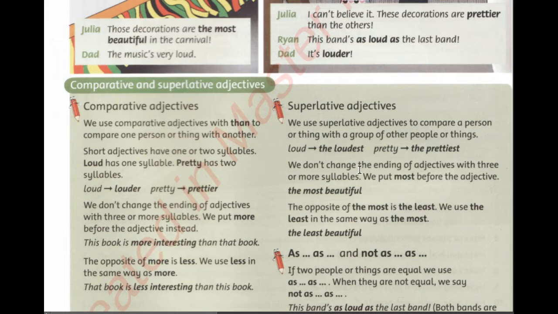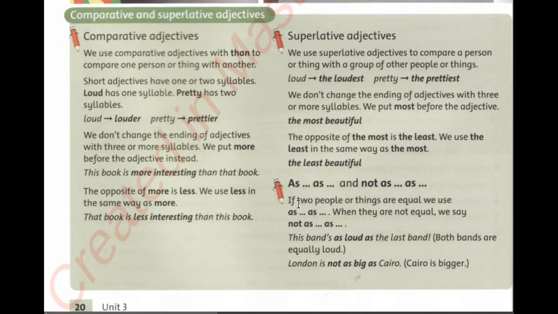We don't change the ending of adjectives with three or more syllables. We put most before the adjective. Same as the example here, the most beautiful. The least, the most, and the least. Less, least.